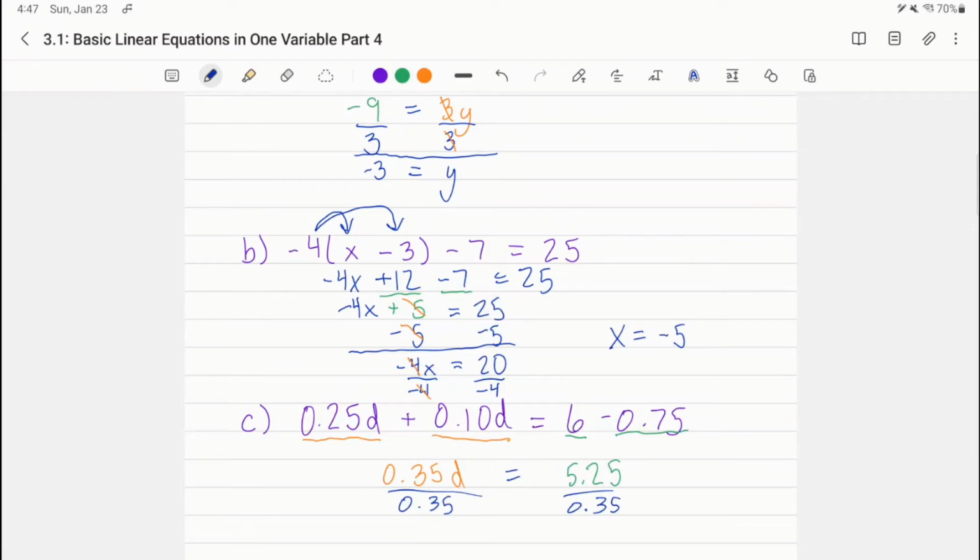Now, it's not good to leave your answer as a decimal divided by a decimal. So I'm going to actually multiply by 100 over 100 to get rid of the decimals first. So then we get d equals 525 divided by 35.